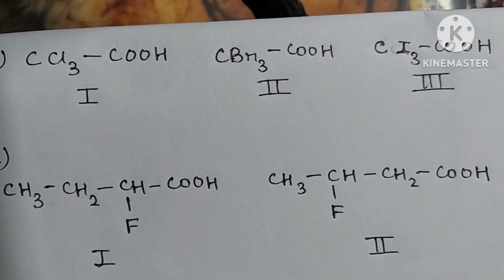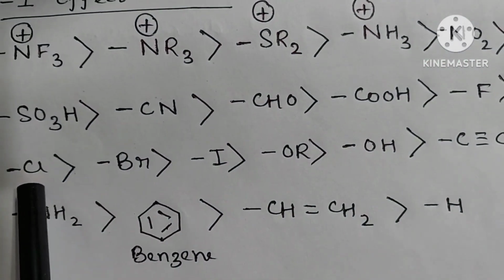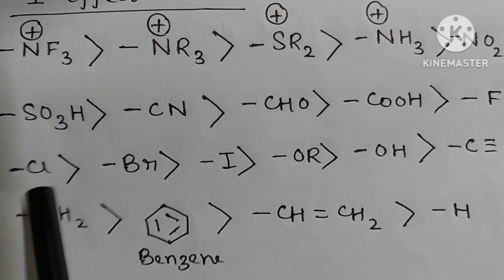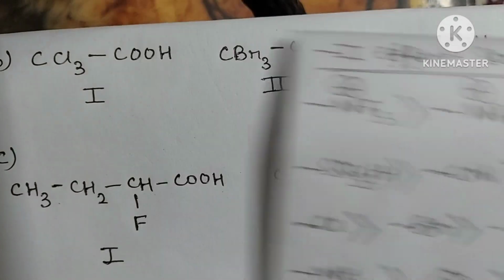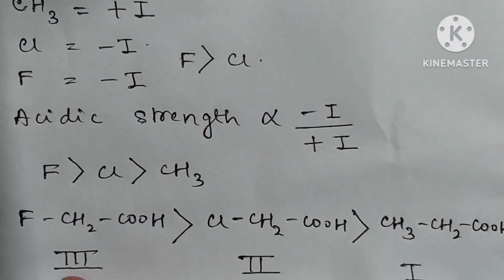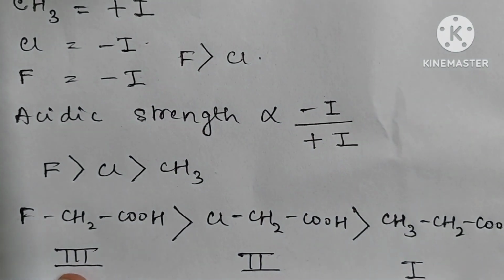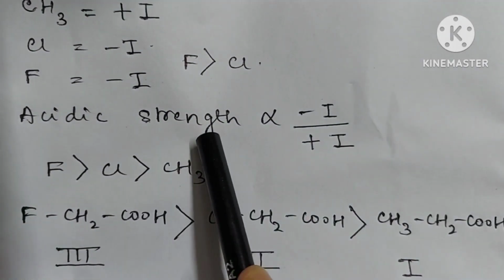So let's see the series again. Chlorine has a greater minus I effect than bromine and then iodine. As we have seen earlier, acidic strength is directly proportional to the minus I effect. That means the greater the minus I effect, the greater the acidic strength.